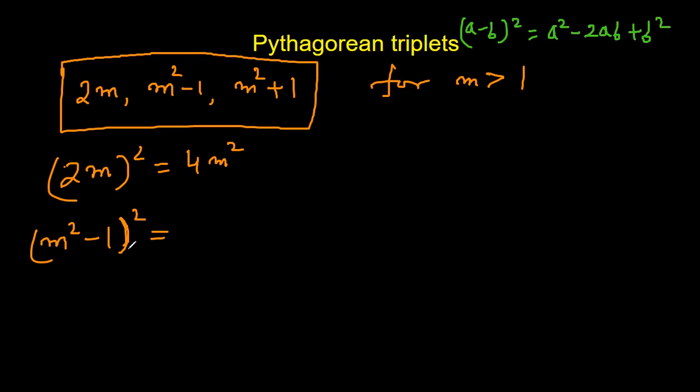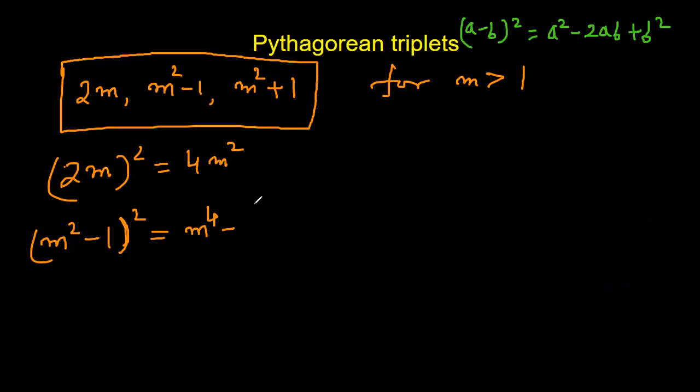Apply it here. So what do you get? You get a square: the square of m square would be m to power 4. Minus 2ab means we calculate 2 times m square times 1, which gives 2m square.